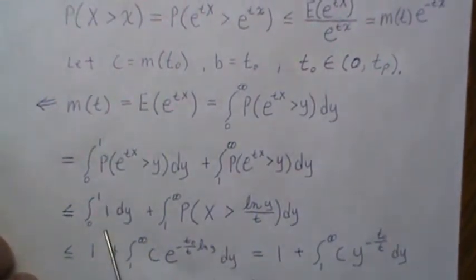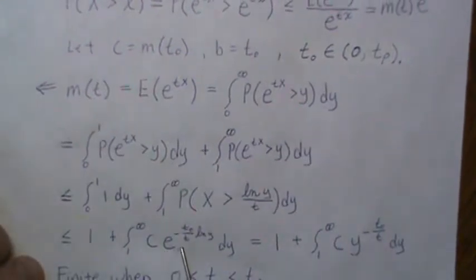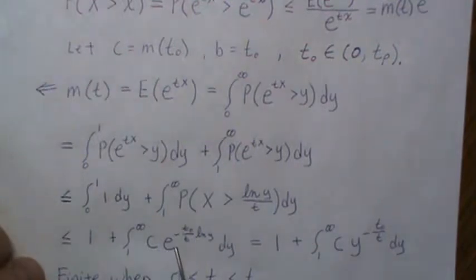So this piece is 1, so it comes straight down, but we replace this by the exponential bound. And then since that's log of y, we can take the t to the top of that, the minus t0 t, and then the e and the log cancel, and we get this.